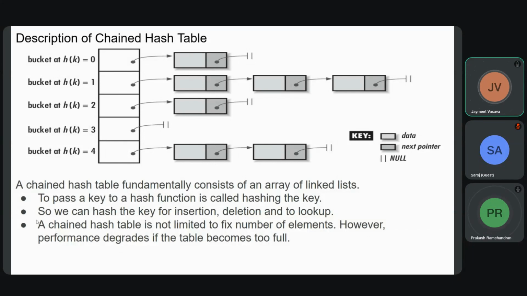If there are more elements, you can see that for h(k) of 1, we have 3 elements. So in that manner, a linked list is used to store multiple elements.